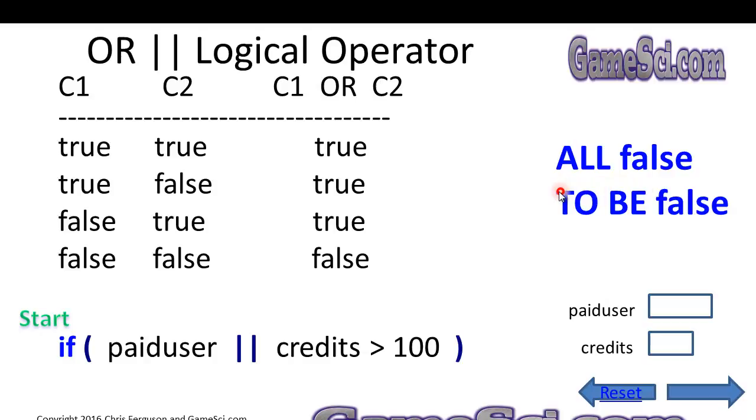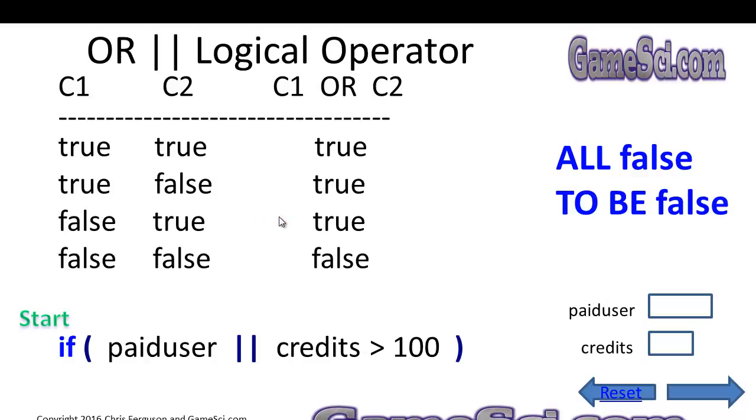What does that mean? The only time an OR is false is when all your inputs are false. If your mom says you have to clean your room or take out the trash, and you do neither, she's not buying you that video game. Only one has to be true for the result to be true. Of course, if both are true, you're good, but only one is required for the OR to be true.